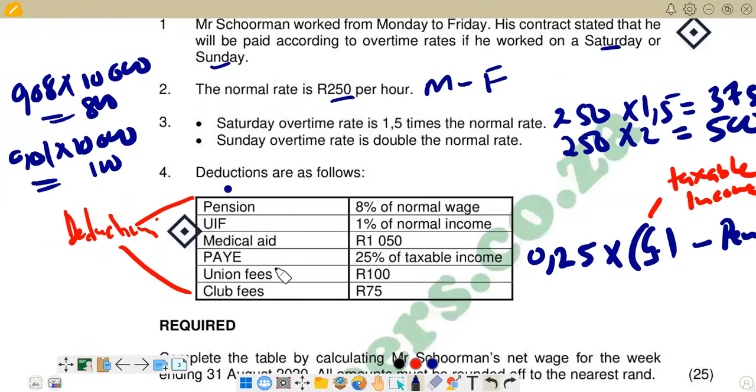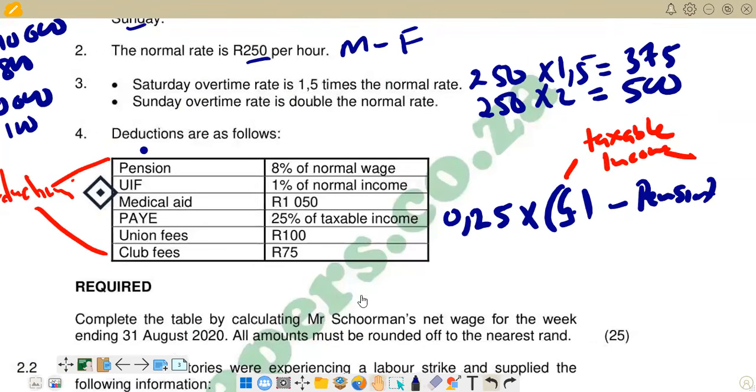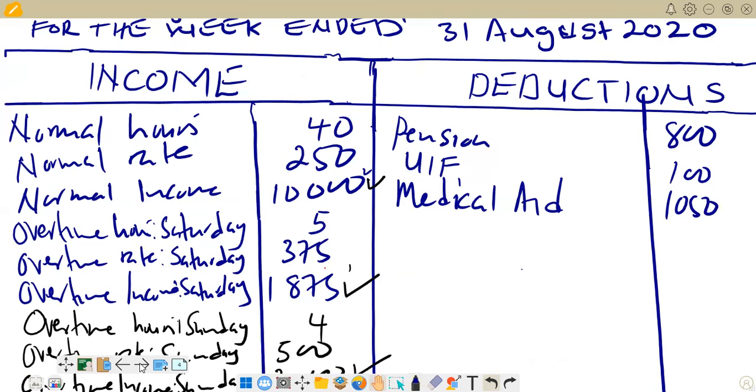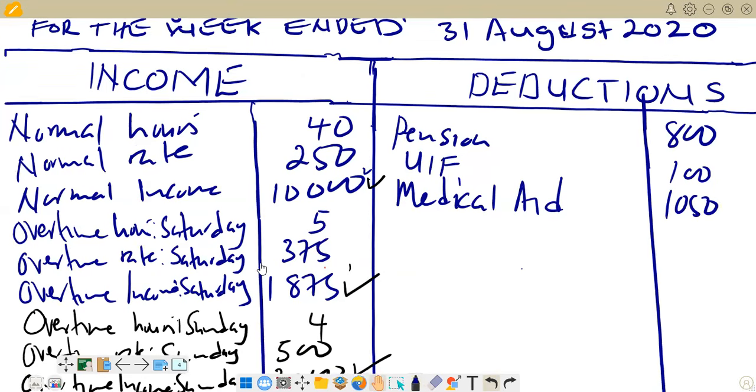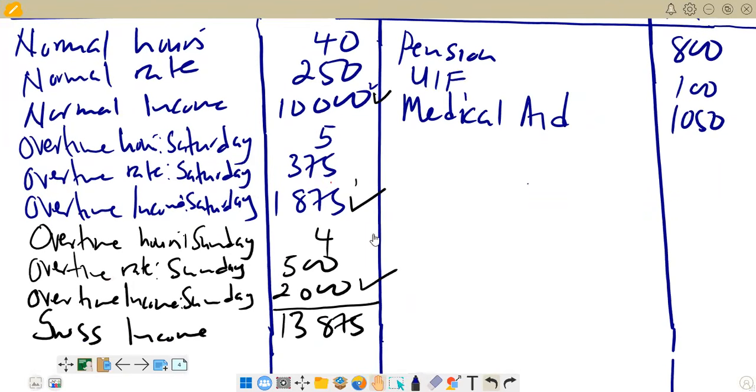And then next one, go to check again. We have pay as you earn. Pay as you earn is 25% of taxable income. And remember, on taxable income, we gave a formula there in terms of calculating taxable income. Taxable income is gross income minus pension. So if you come to the figures in the table, our gross income is 13,875.